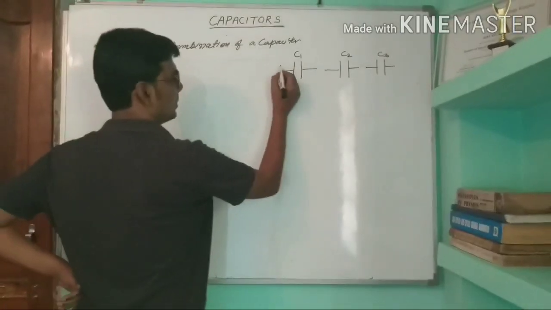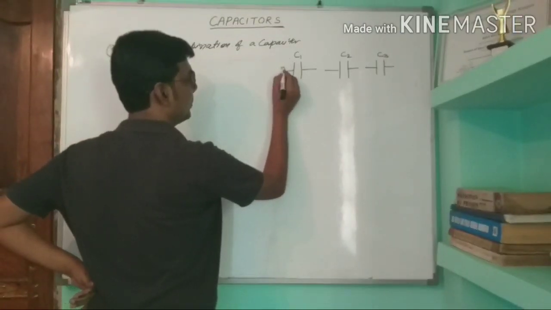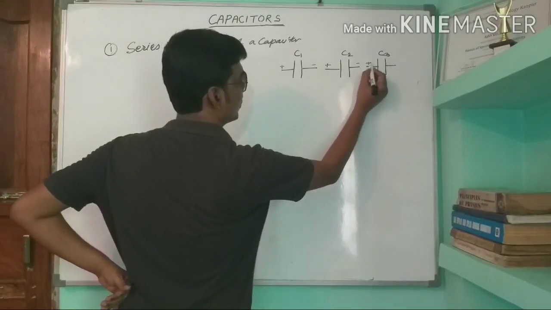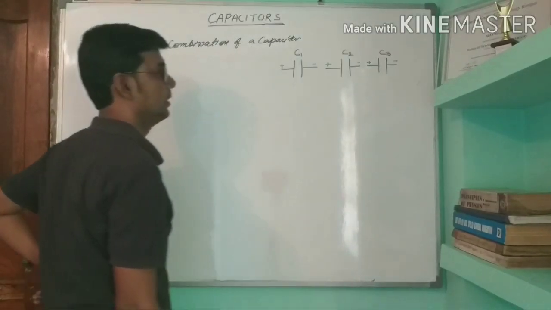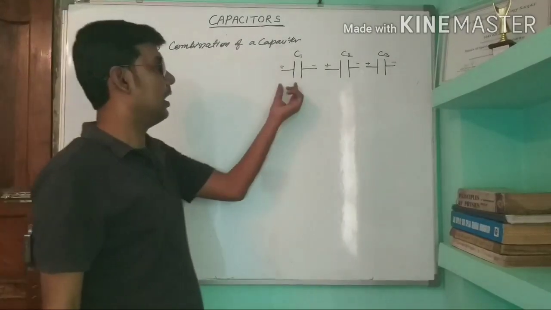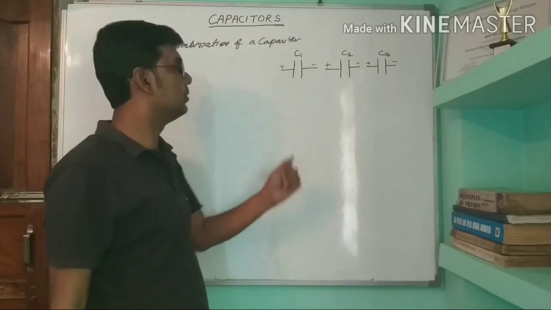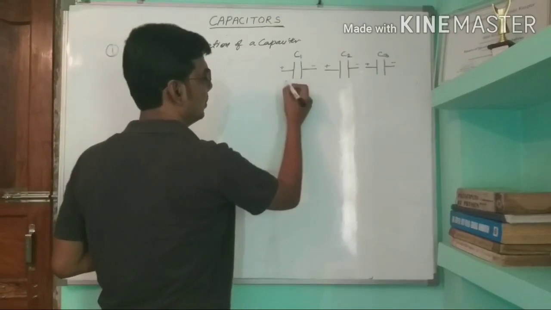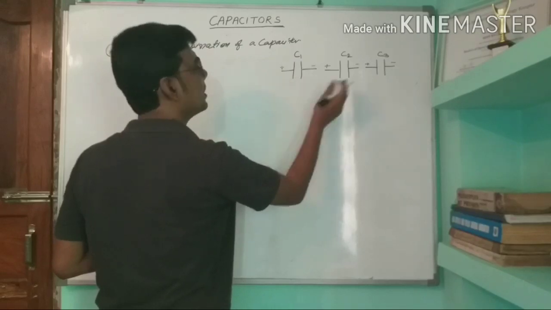Suppose this is a positive terminal, this is a negative terminal, this is positive, this is negative, this is positive, this is negative. The charge is plus Q, minus Q, plus Q, minus Q, plus Q, minus Q. Okay.